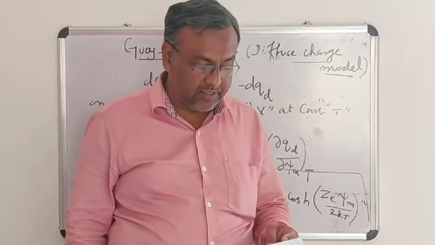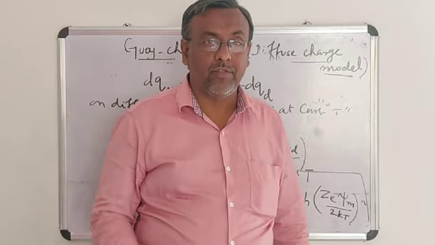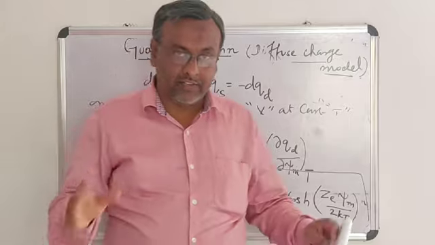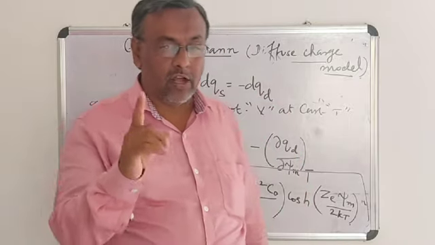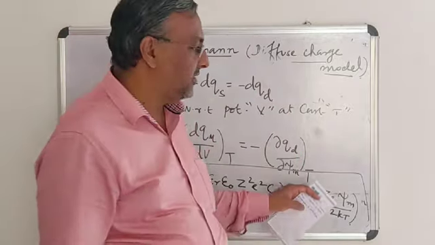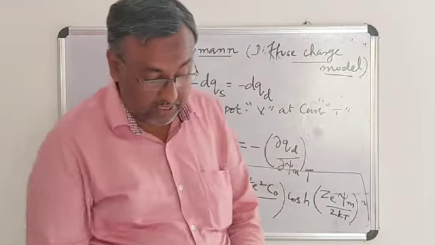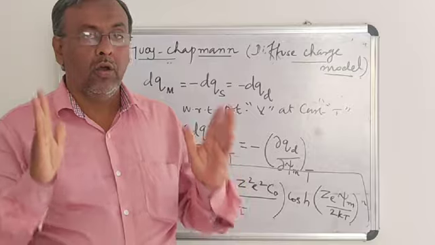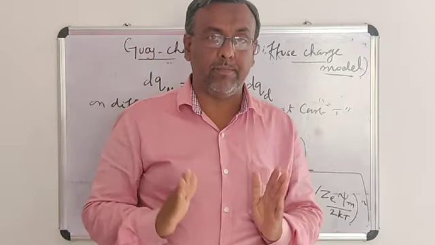Another limitation is that he assumes the ions are point charges. That assumption of point charges is also one of the drawbacks of this theory. So what is the concept of Gouy-Chapman theory?